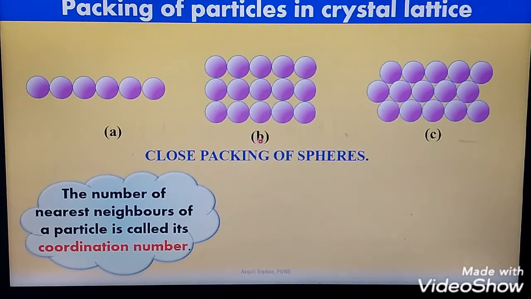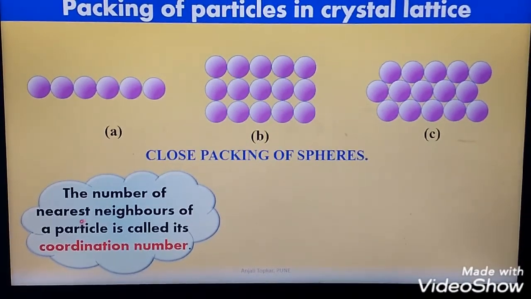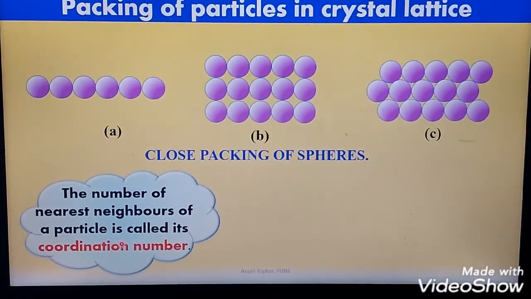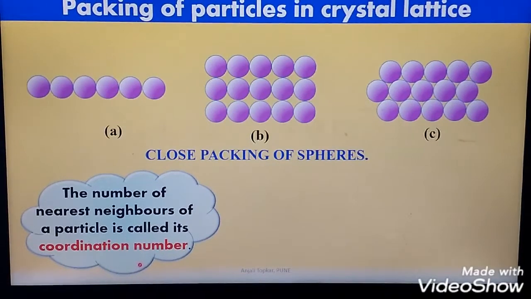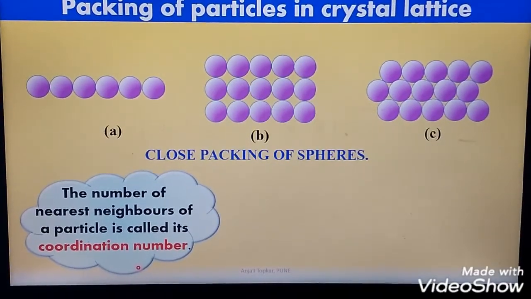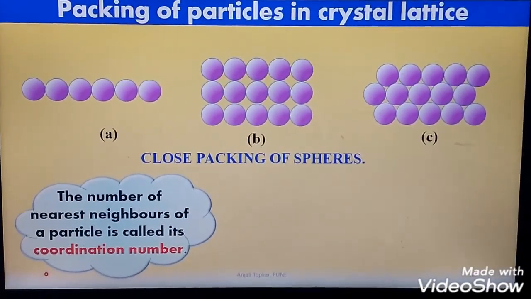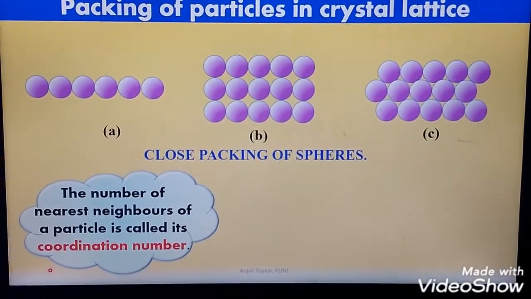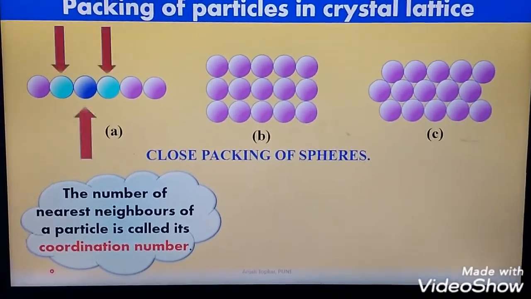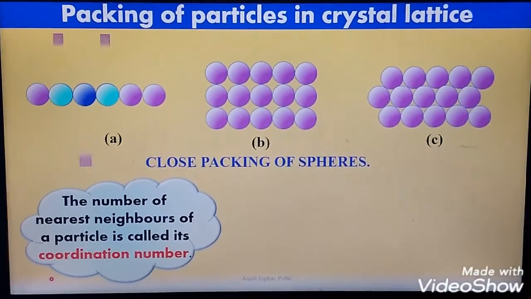In the figure here you can find 3 figures A, B, C. These are showing the close packing of spheres in different ways. The number of nearest neighbors of a particle is called its coordination number. The magnitude of the coordination number is a measure of the compactness of the spheres in a close packed structure, as you can see here.